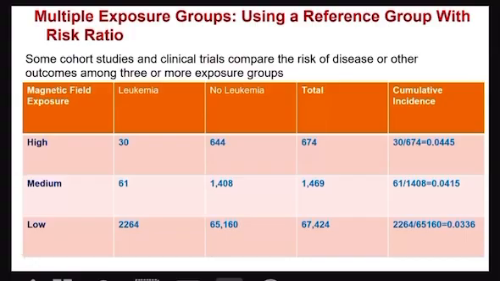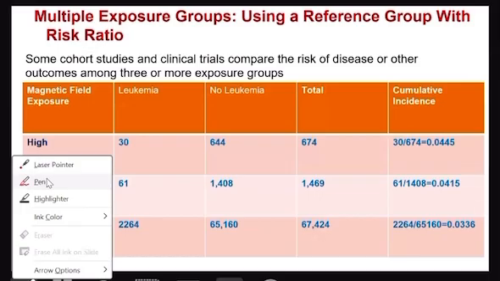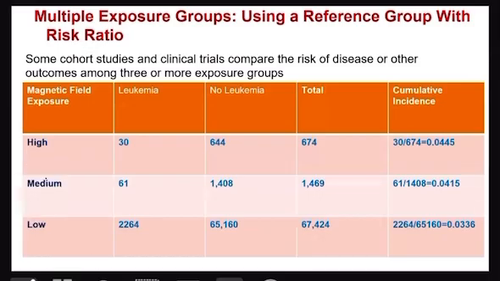Some cohort studies and clinical trials compare the risk of disease or other outcome among three or more groups. So what I want to do here is find the cumulative incidence of disease based on what people were exposed to.